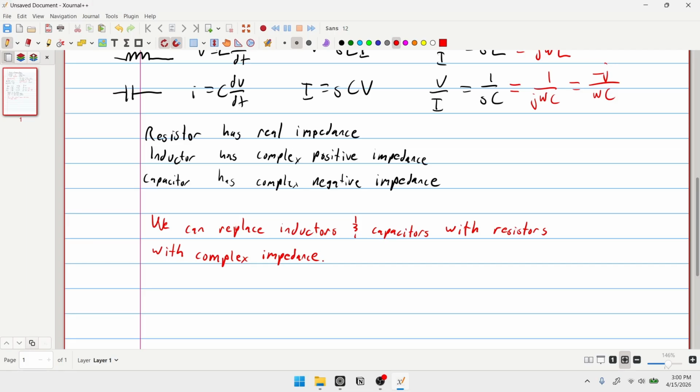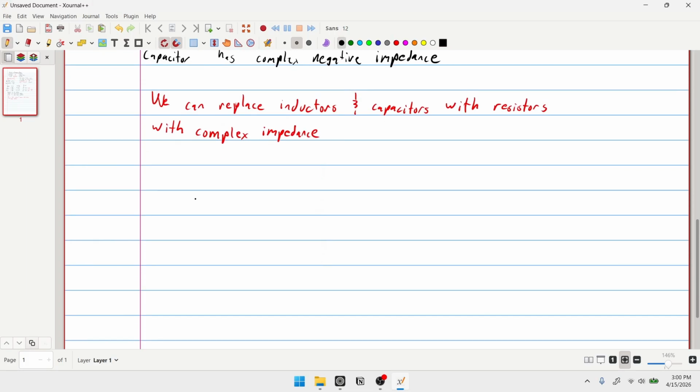Okay, let me show you what I mean. So let's say in the time domain, or what we've typically worked with, we have a circuit. Let's say we have a voltage source connected to a resistor, and then here it goes to a capacitor.